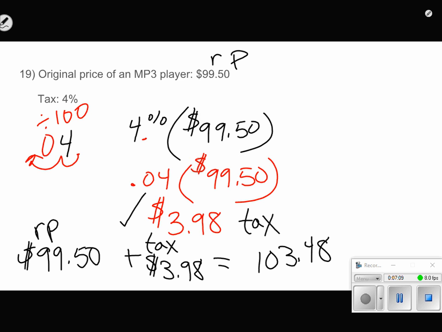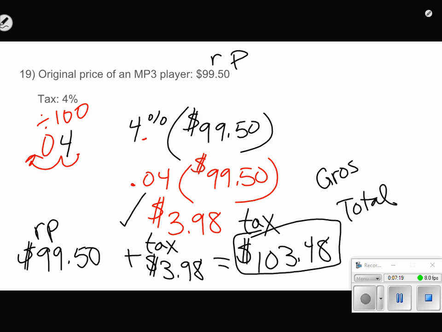So I'll really end up paying $103.48 for that MP3 player. And to work in that vocabulary, we want to remember that gross is another word for what you pay altogether. It's another word for total. So that's the total amount that we're going to pay.